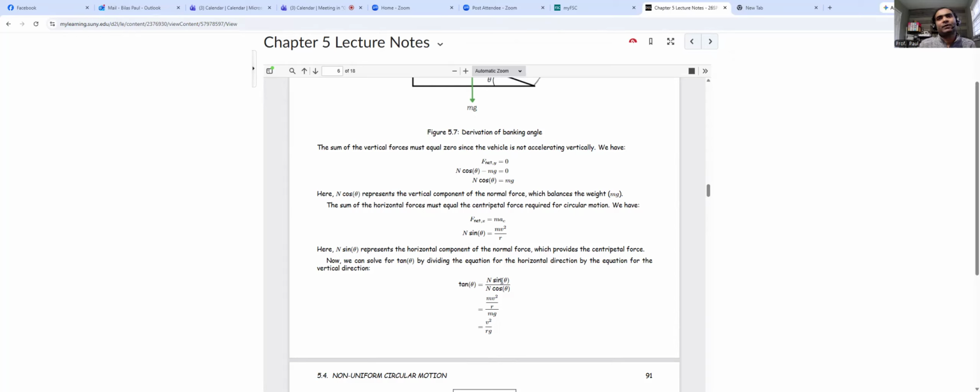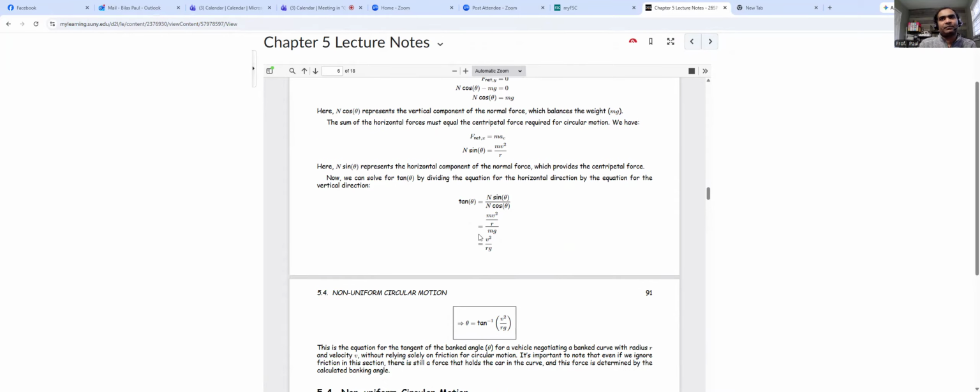Tan theta is equal to n sine theta over n cosine theta. N sine theta is the centripetal equation and n cosine theta is the first equation. I plugged these values in, which gives this equation, and then theta is equal to tan inverse of v squared over rg.